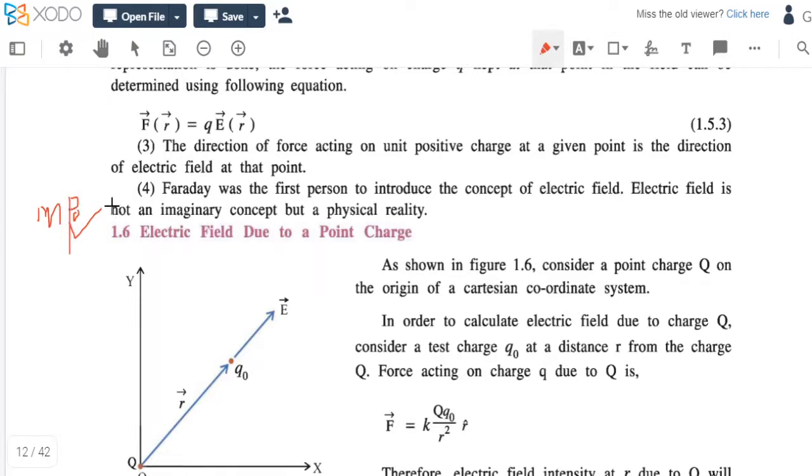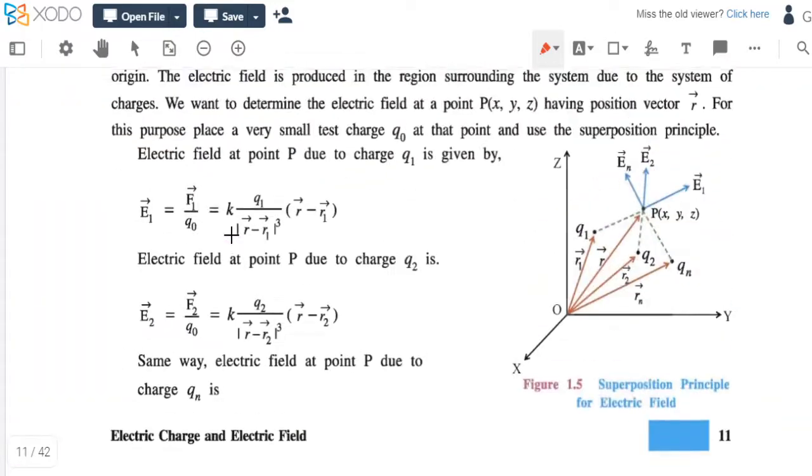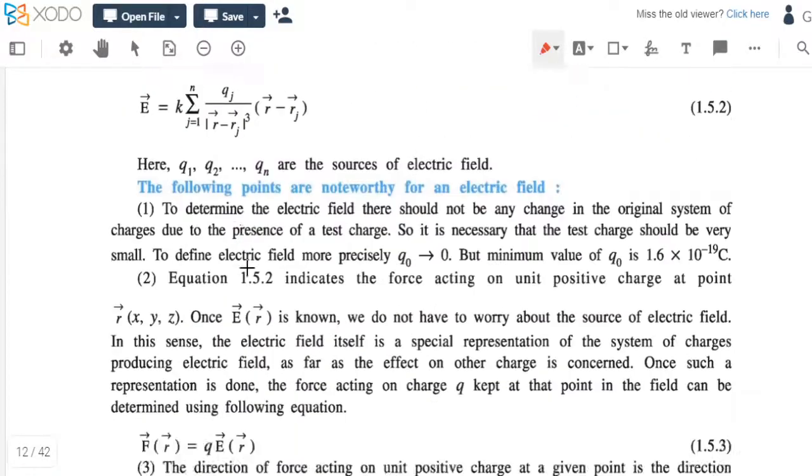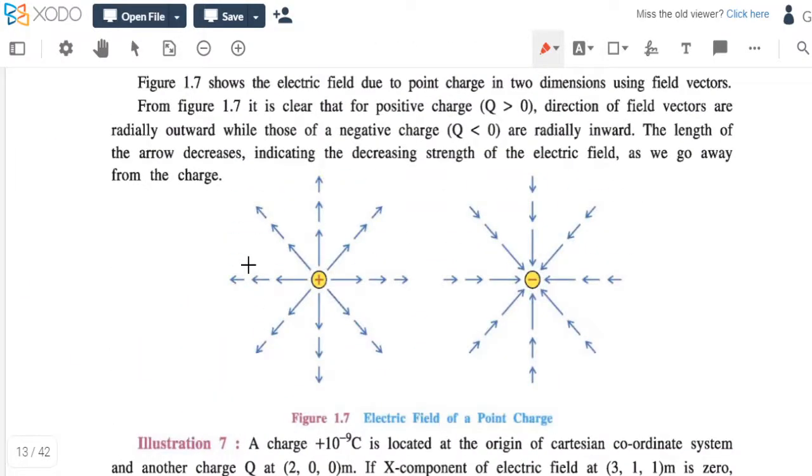Let us derive an equation for the electric field due to a point charge. So now we want to find the electric field due to a point charge. But before that I would like to give one suggestion, it will come later. If you are asked to draw the electric field due to a positive charge, then this will be the figure.